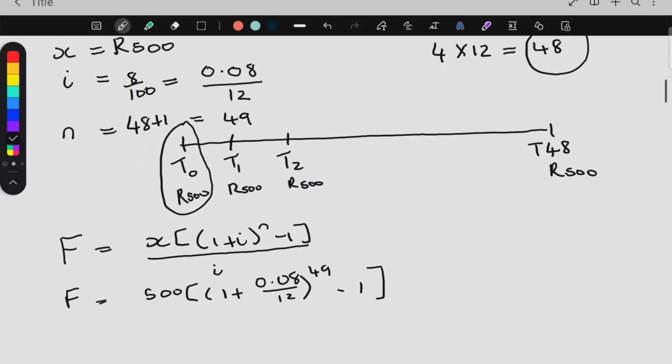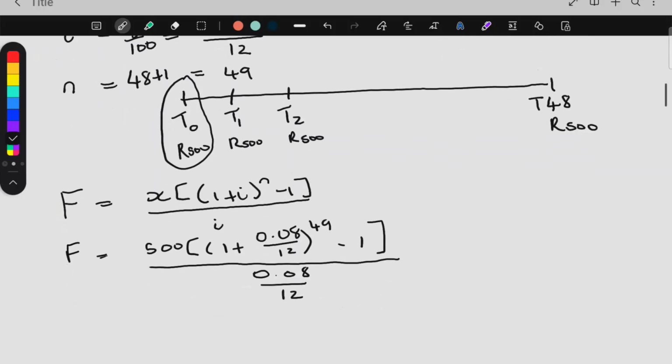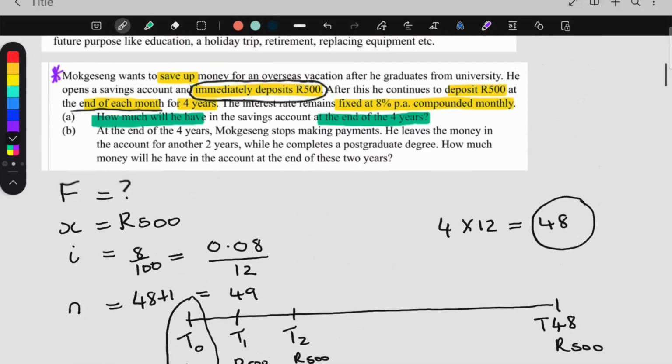Close the bracket. And then everything over I again. I stays the same. And you put all of this in your calculator. And you get your final amount to be 28,862.79. And that is the final amount that he will have in his account after 4 years. As simple as that. So that's not a difficult question.